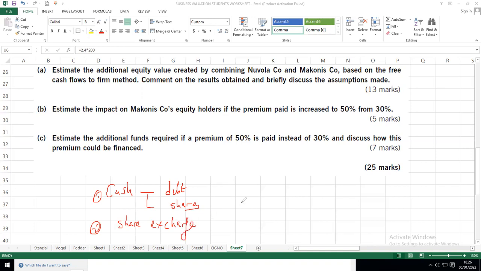What we have to check is the target shareholders. What do they prefer? Most shareholders prefer cash. Cash is more preferred.